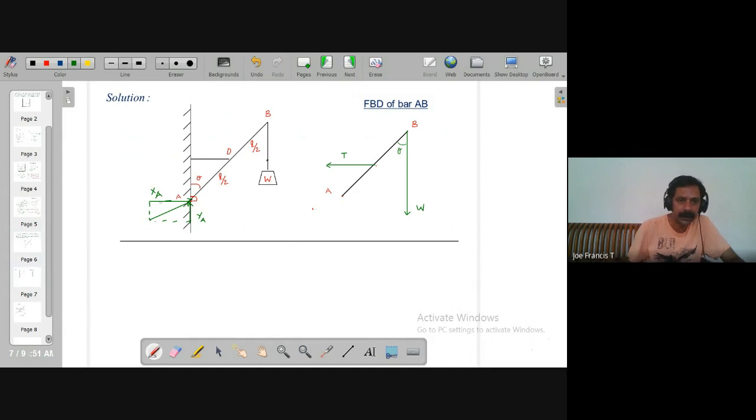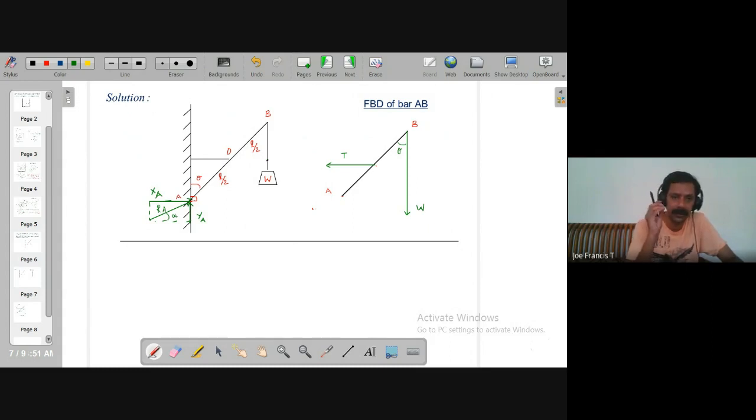So you have a resultant here, RA. And this resultant is making an angle alpha with the horizontal. So when you draw the free body diagram, you are going to mark the resultant reaction at A.